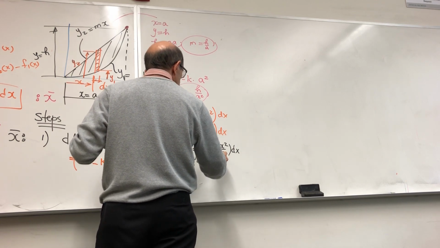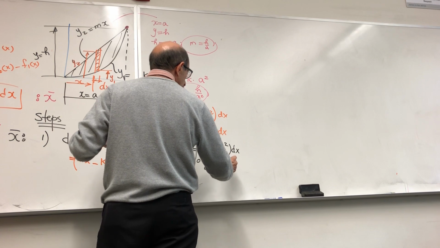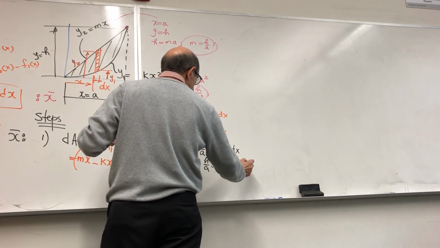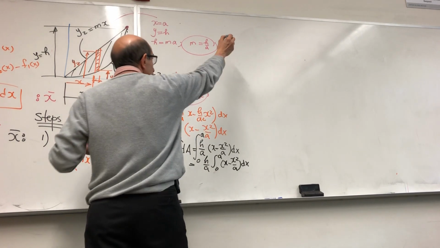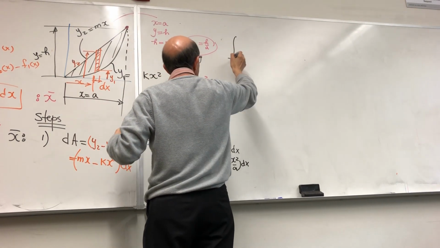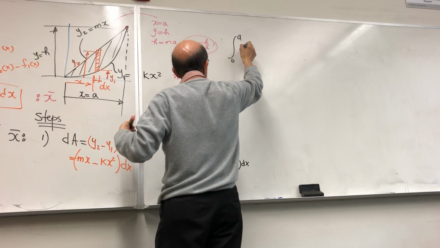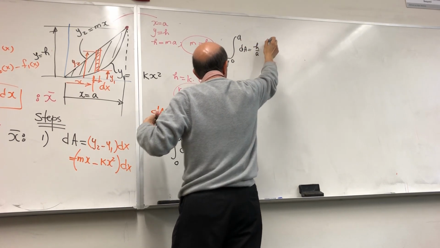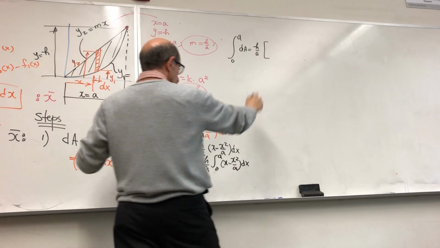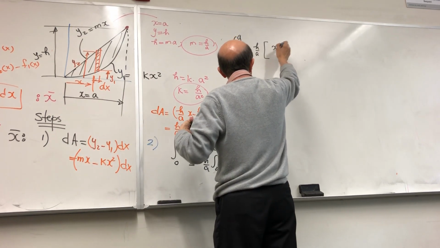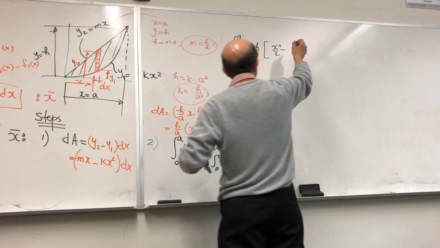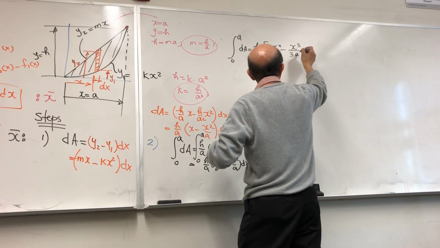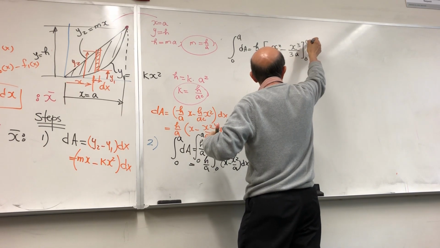Perform this integration: x squared over 2 minus x cubed over 3a, evaluated from 0 to a.